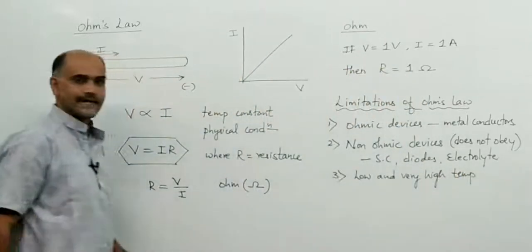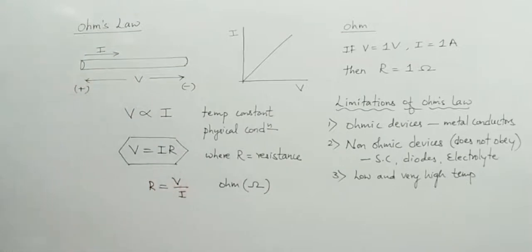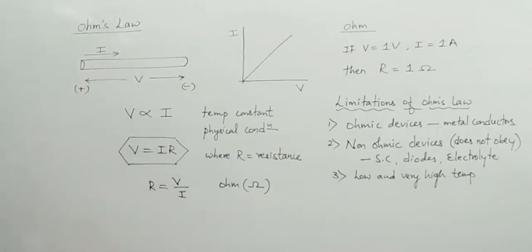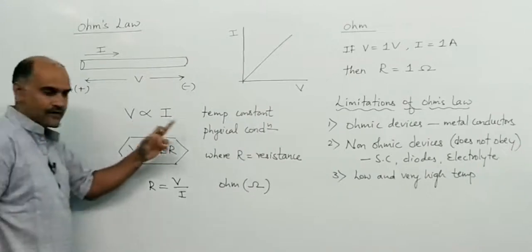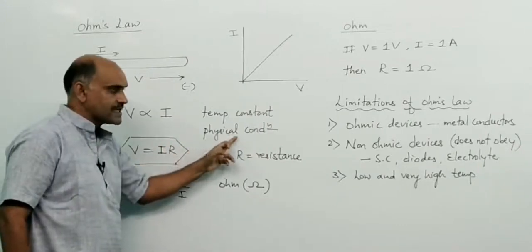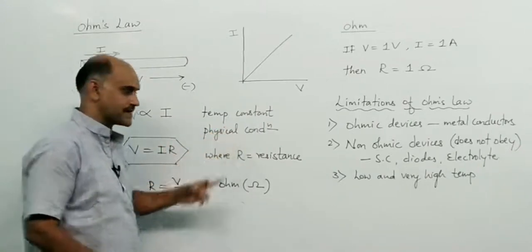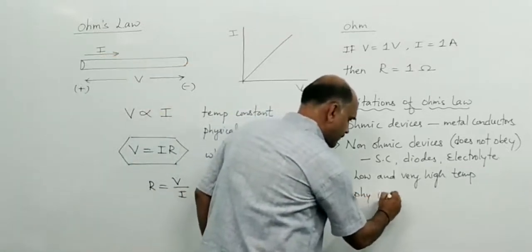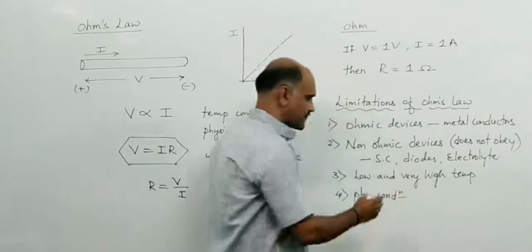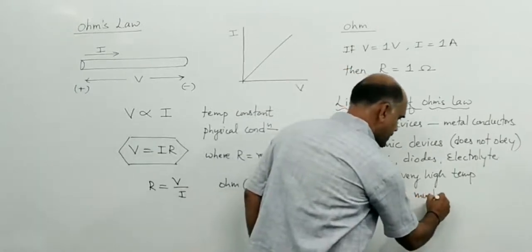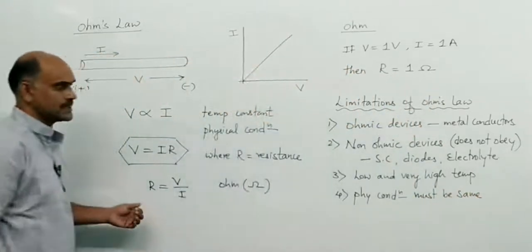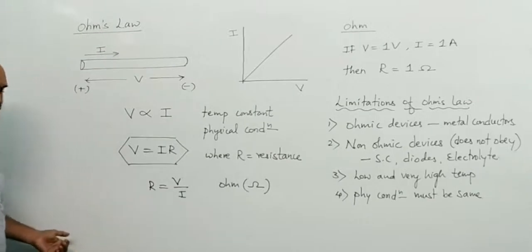Then fourth, again from the definition, physical condition has to remain same. So physical condition should not change. So these are the limitations of Ohm's law.